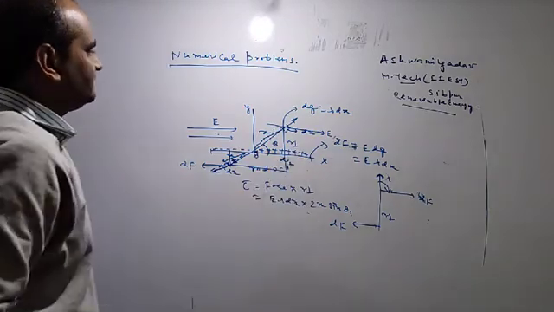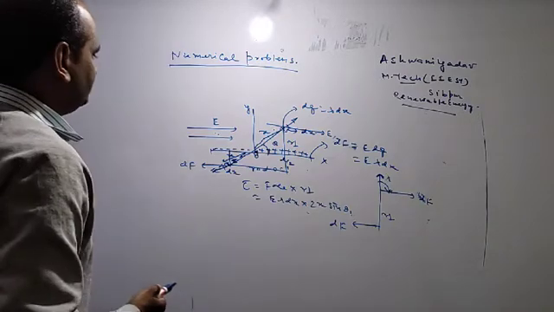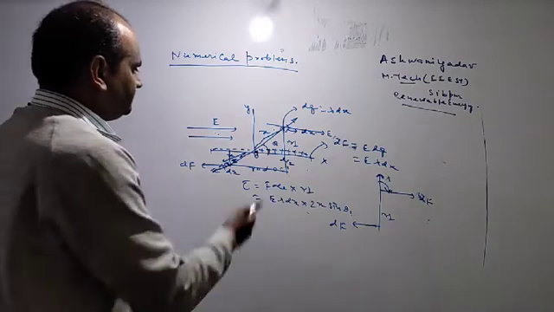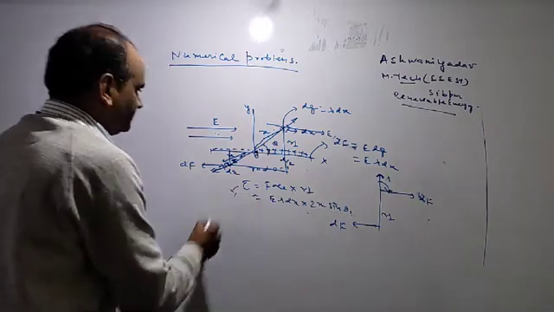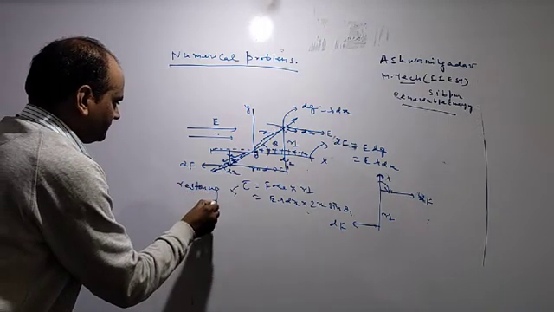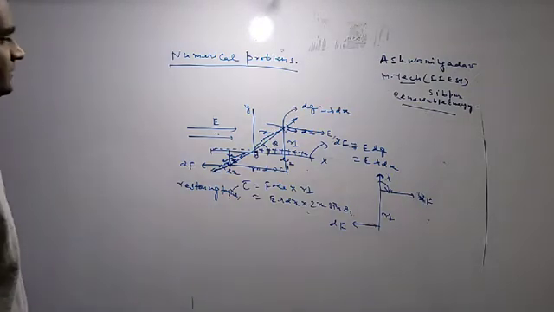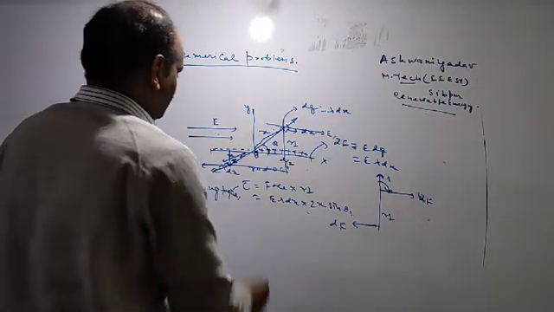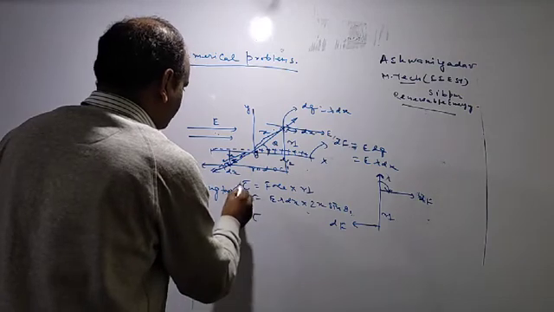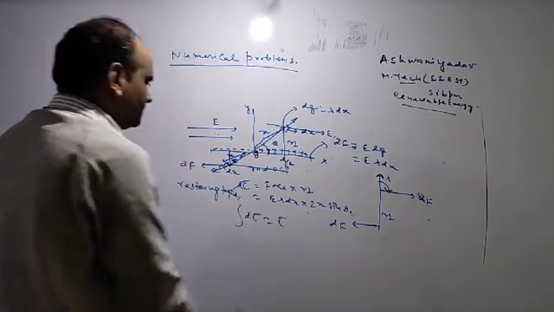So we need to find the torque, and we will develop a differential equation of SHM. So this is our restoring torque. This is restoring in nature. Now we can consider d tau, and the integration of d tau is equal to the total torque.